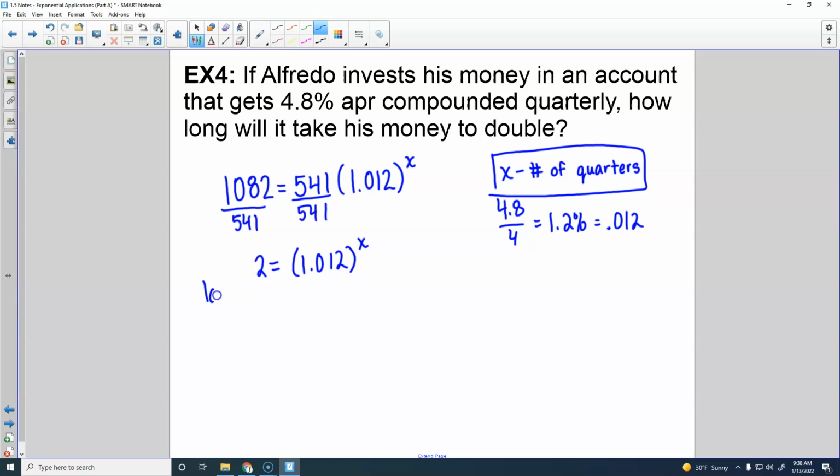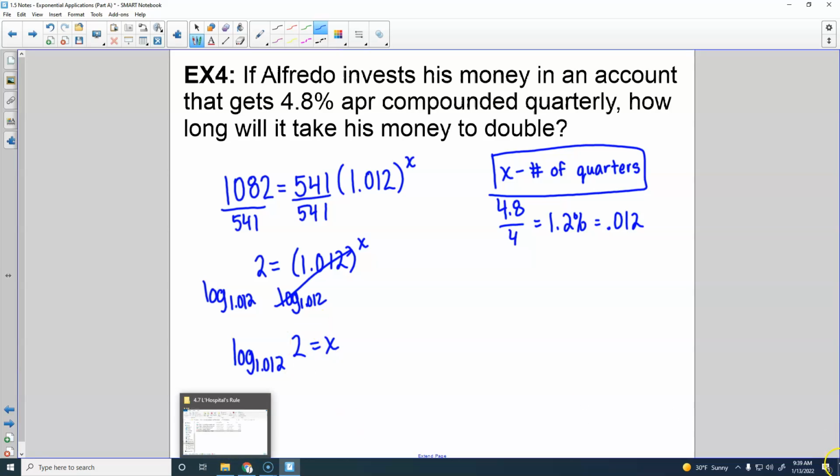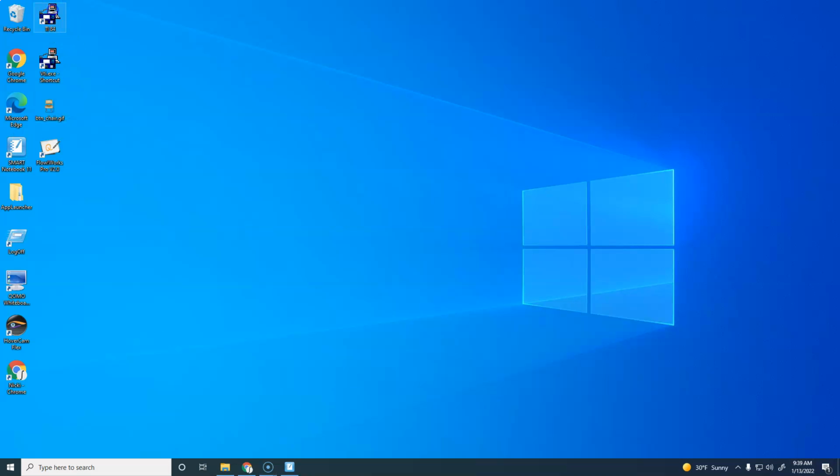So I'm going to do log with a base of 1.012 on both sides. It will cancel the exponent here, so I'll have log base 1.012 of 2 equal to my x here, and let me get the calculator real quick.